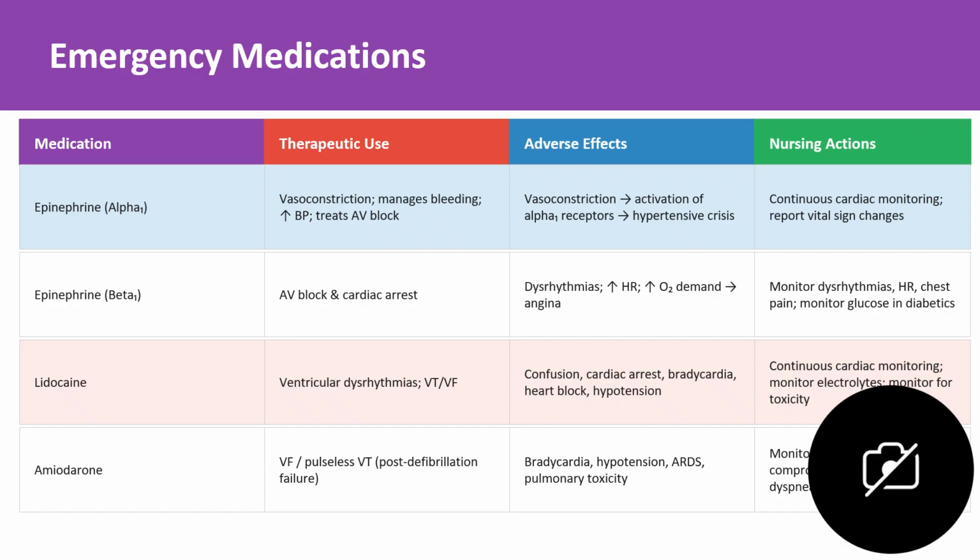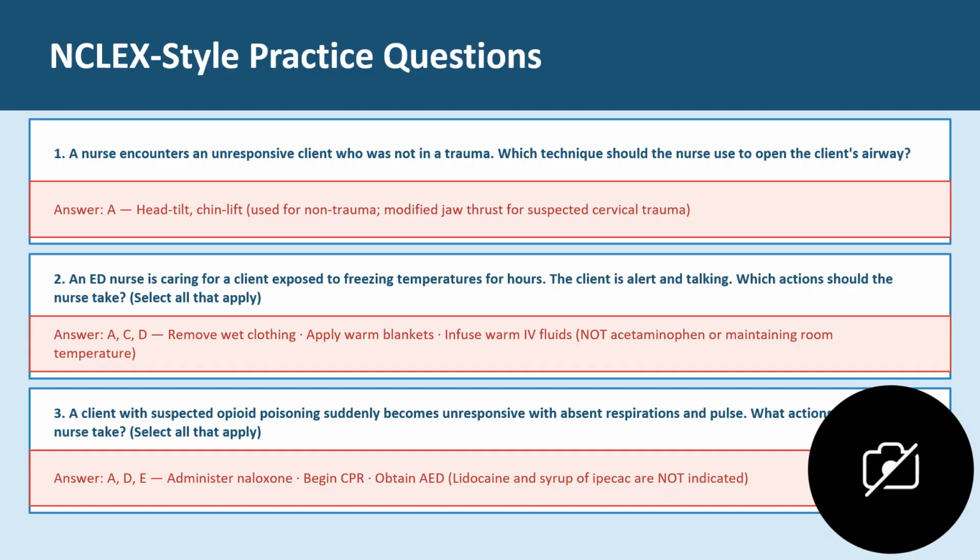So next we will be discussing NCLEX-style questions. Let's test our understanding with three NCLEX-style questions. Question 1. A nurse encounters an unresponsive client who was not in a trauma. Which technique should the nurse use to open the airway?